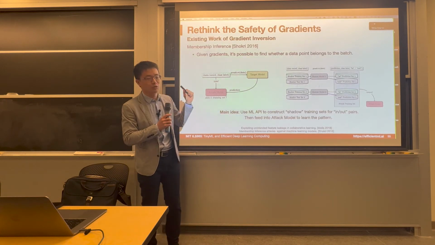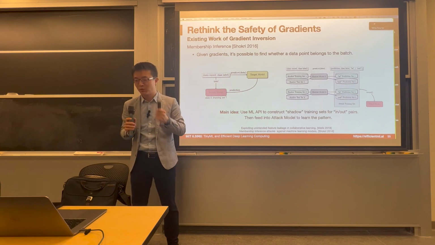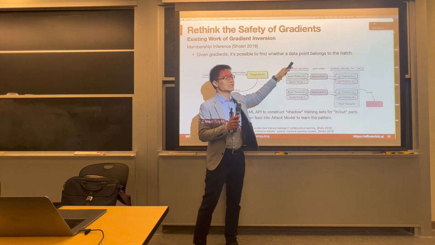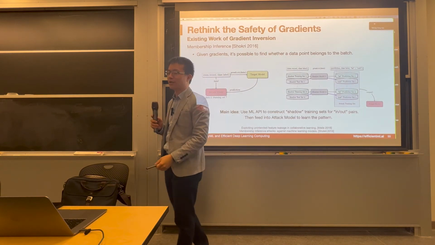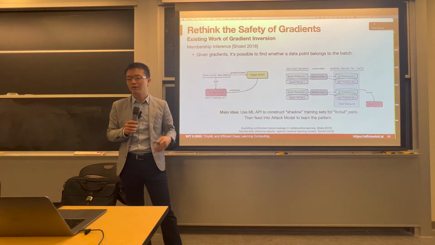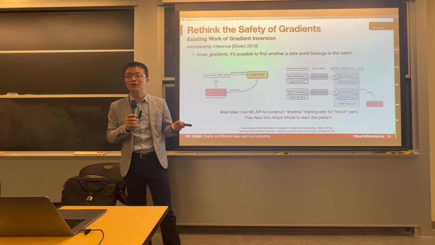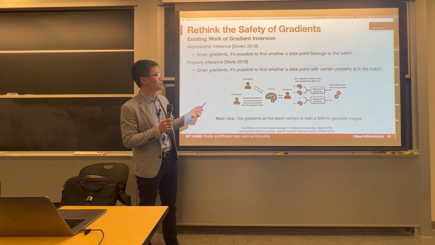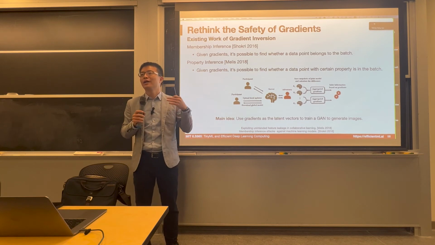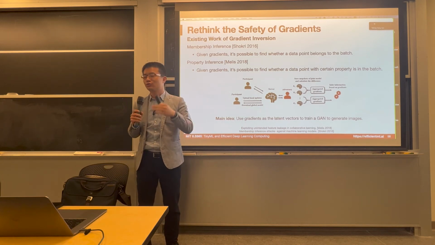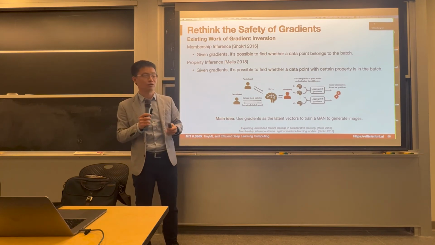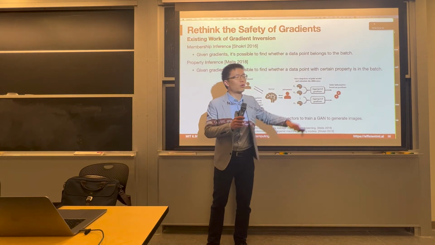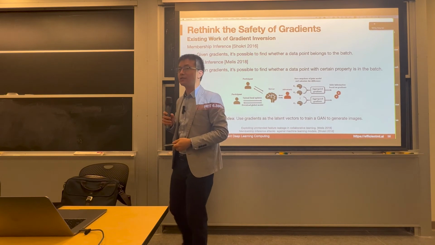Okay, so before that, let's see a weaker solution where we try to find whether a data point belongs to the batch. This is a weaker way to try to steal the input data from the gradient. It shows that we can tell whether an input belongs to the training data or not. We can even find whether a data point with a certain property is in the training data.